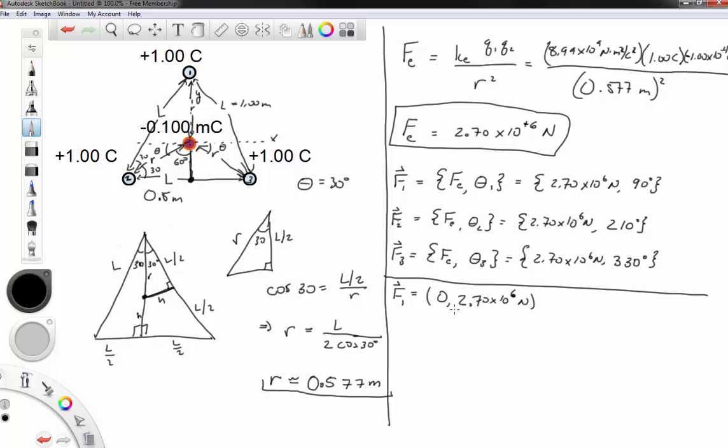And we're just going to count up as positive. So this is the positive direction, and this is the positive direction. Okay. F2 and F3 we're going to have to find by, again, using some geometry or some conversions.